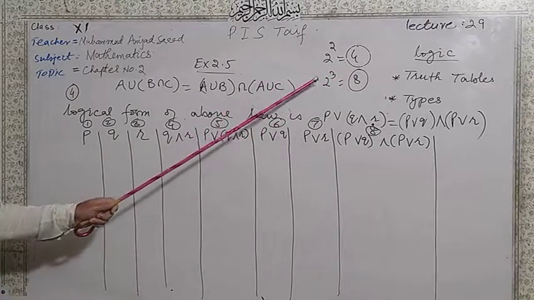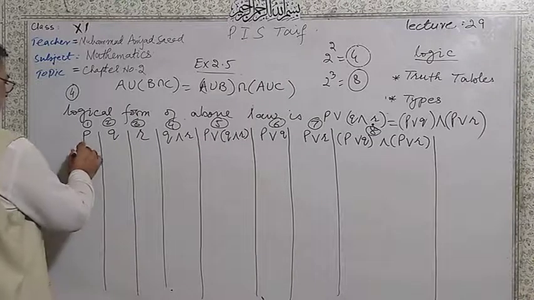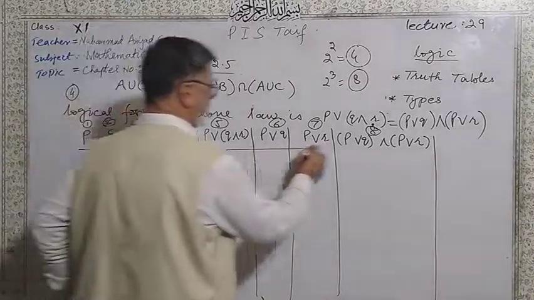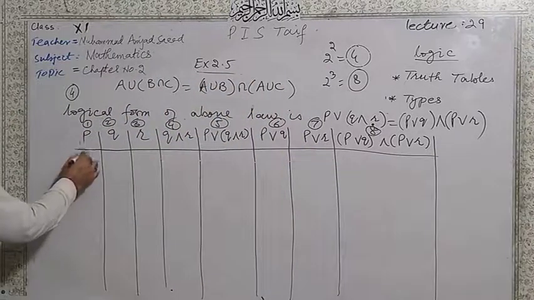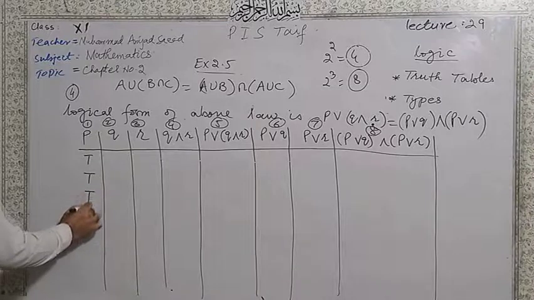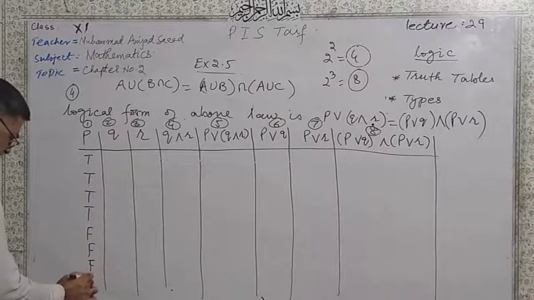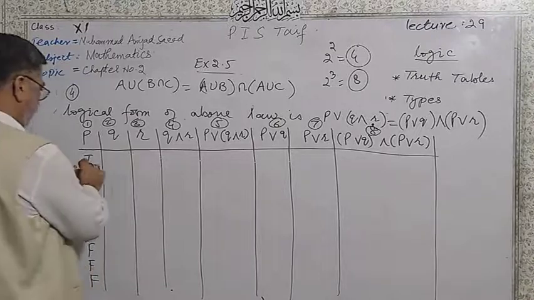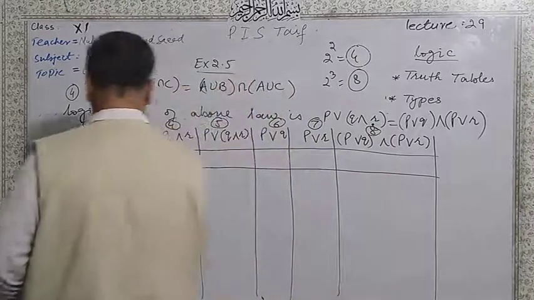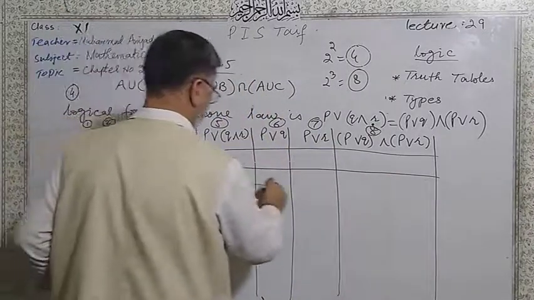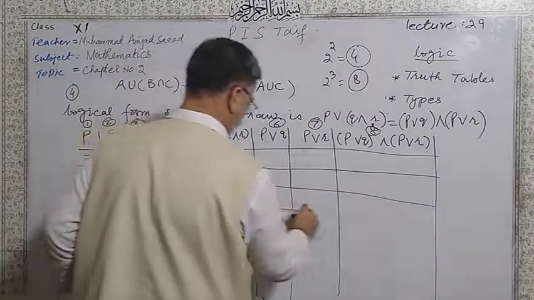I told you about this, that the first member is always 50% true and 50% false. Then you can have T, T, T and T, F, F, F and F. There are no columns, so that's why it is better to draw the lines.